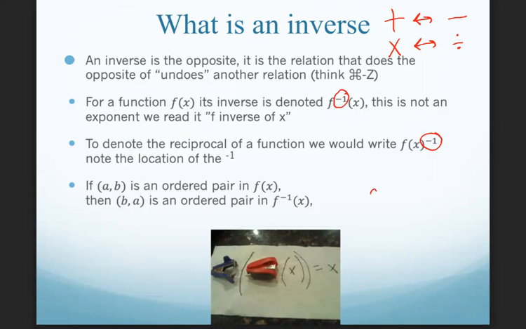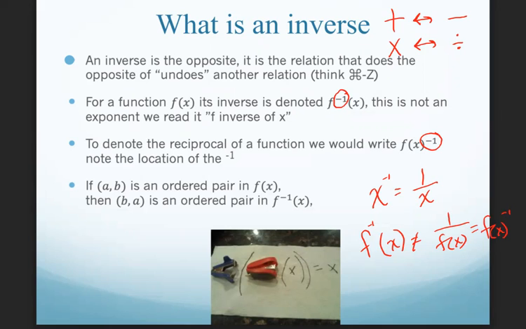So if I had x to the -1, I would say, oh, well, that's the reciprocal of x. But if I have f to the -1 of x, this does not mean 1 over f of x. In order to write 1 over f of x, I would write f of x to the -1. So notice the location of that -1.